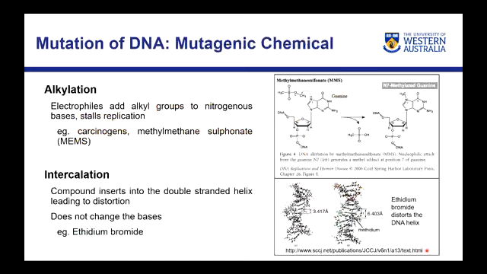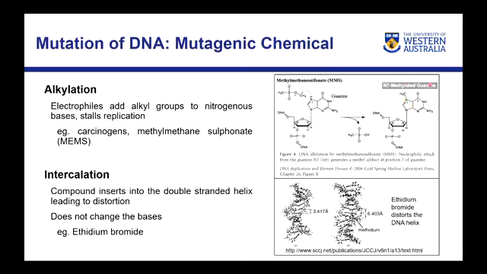So, mutagenic chemicals. I'm going to talk first about alkylation. So alkylation: electrophiles add alkyl groups to nitrogenous bases. An example here is methyl methane sulfonate, or MMS. And you can see here is guanine, and the guanine's been alkylated and converted to N7 methylated guanine.